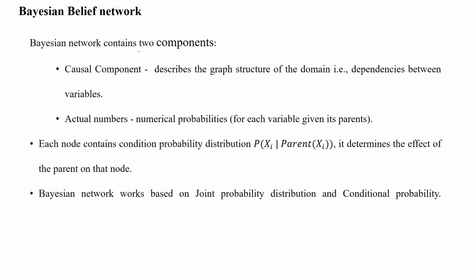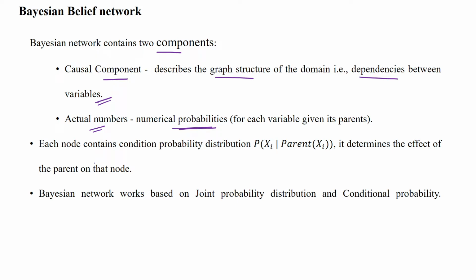The Bayesian network contains two components. One is the causal component, which describes the graph structure of the given domain, that means the dependencies between the features. Another component is the actual numbers, that is the numerical probabilities, the conditional probability table.